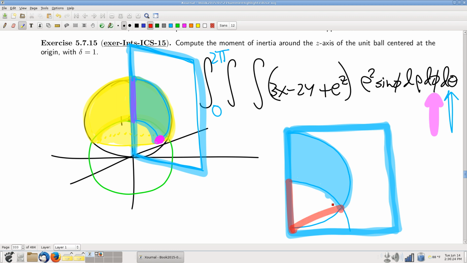That has length 1 because it's a radius of the bottom circle. That has length 1 because it's a different radius of the top circle. So what I have there is an equilateral triangle, and that tells me all the angles are pi over 3. And so conveniently, the range of values of phi that I'm looking for starts at 0, and that makes this clearly pi over 3.